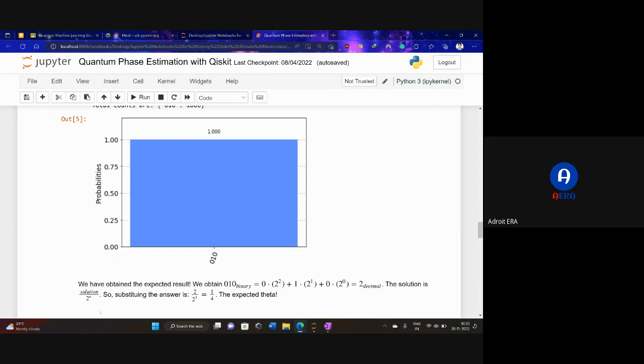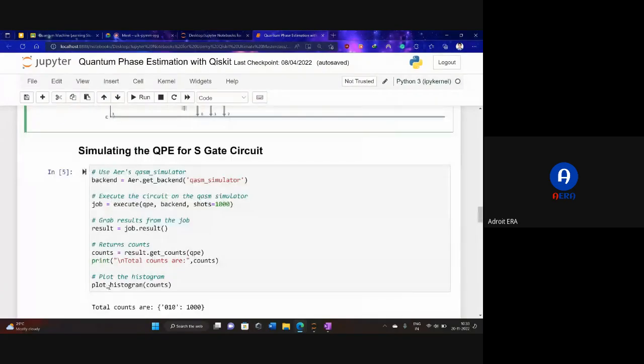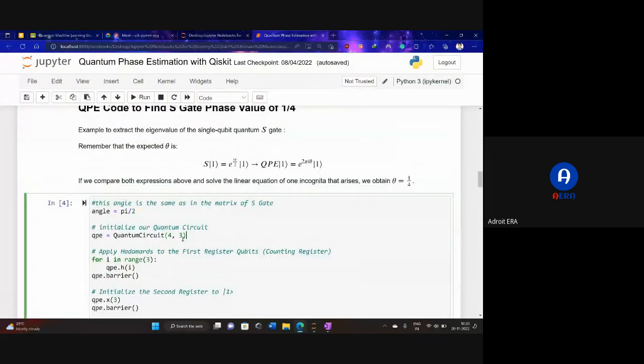N is the number of qubits in the first register. How many qubits do we have in the first register? 3, right? We have 3 because only the first register is measured. Therefore, the first register has 3 qubits, and the last register of a single qubit holds the eigenstate ket psi, which is ket 1 in our case.